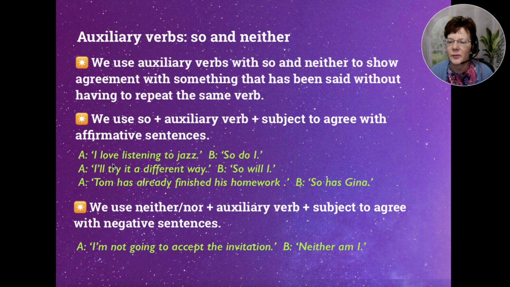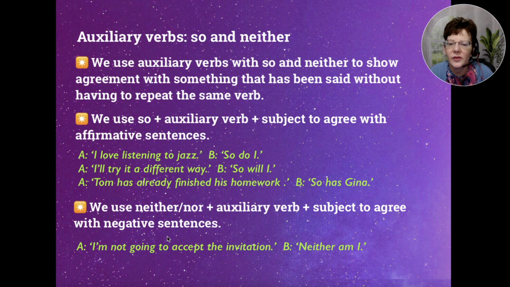For example, person A says, I love listening to jazz. Person B, so do I. So B agrees with A. And I'll try it a different way. Person B, so will I. And then this other one, Tom has already finished his homework. And person B, so has Gina.